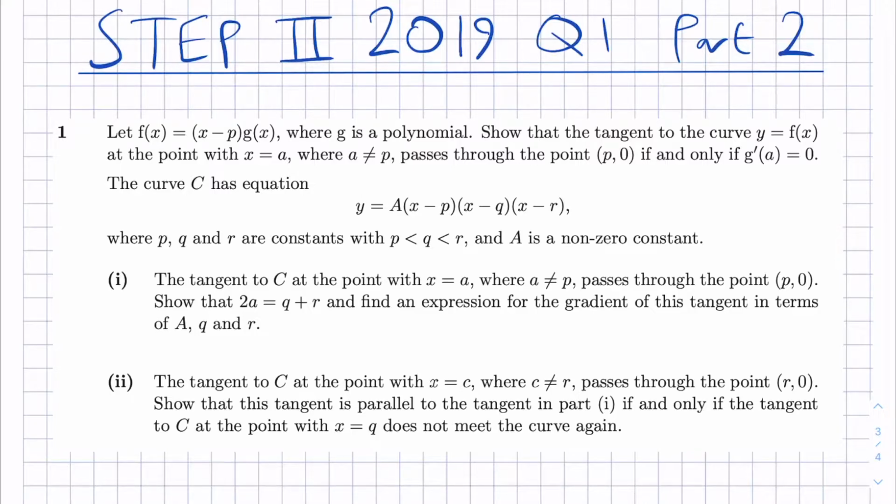The tangent to C at the point with x equals a, where a is not equal to p, passes through the point P0. Show that 2a is equal to q plus r and find an expression for the gradient of this tangent in terms of A, q, and r.